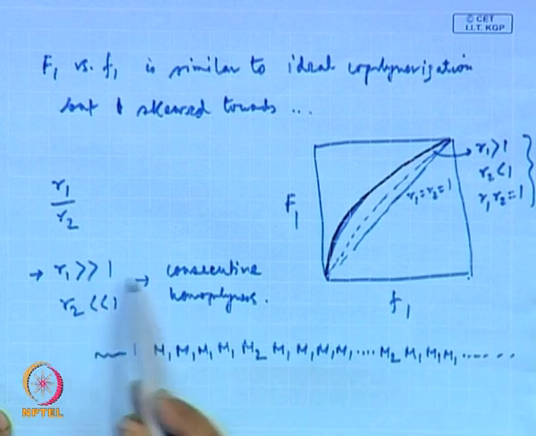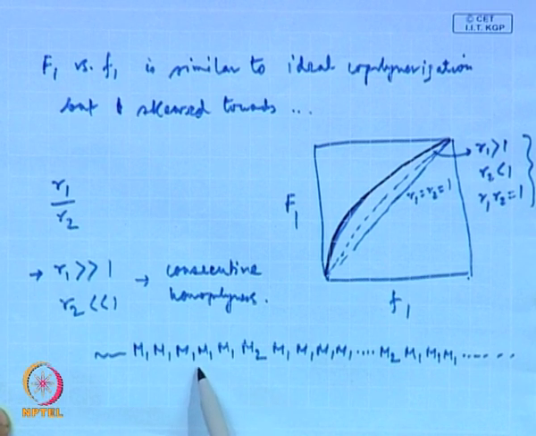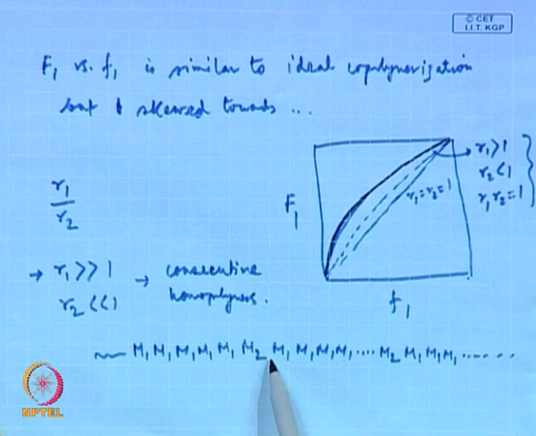So, basically M 1 will have a much higher tendency to homopolymerize, whereas M 2 has little tendency to homopolymerize. Whatever tendency it has to react, it will make copolymer.